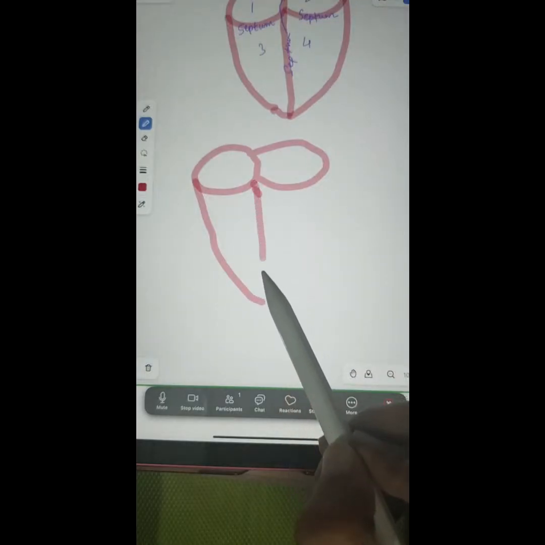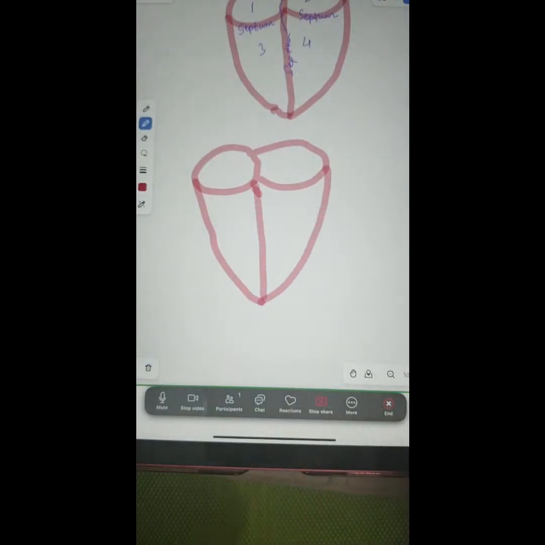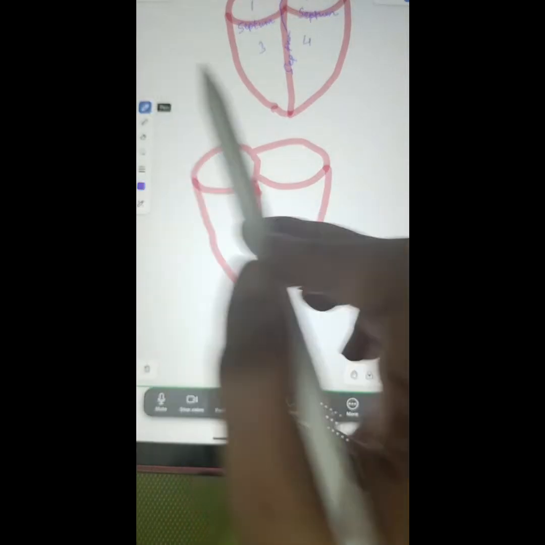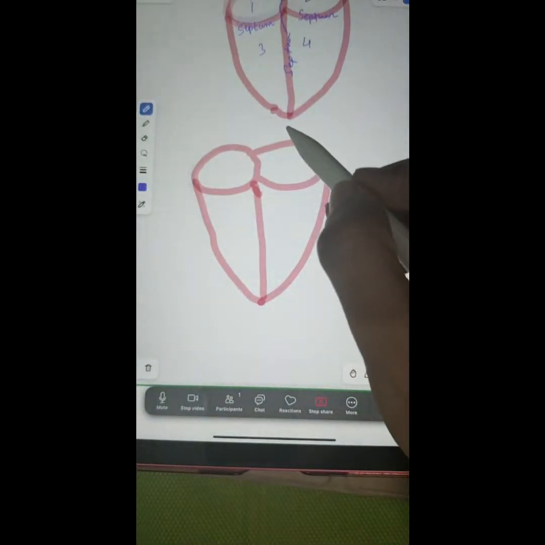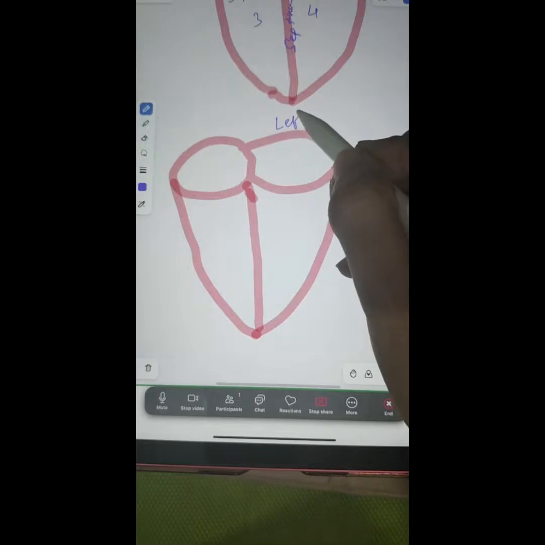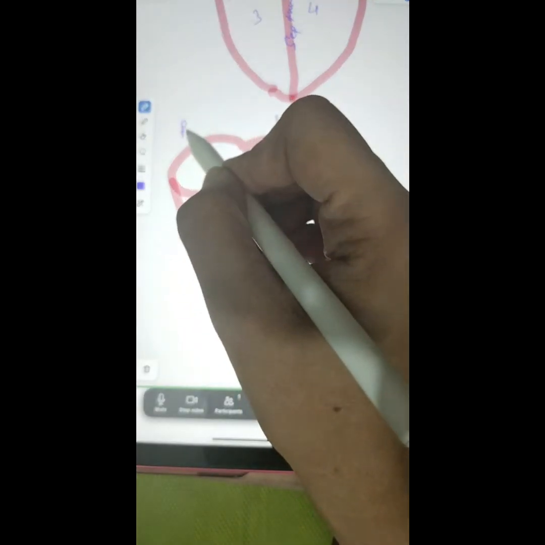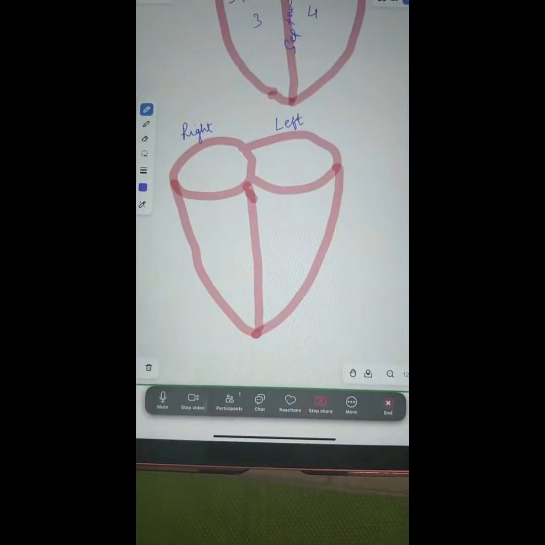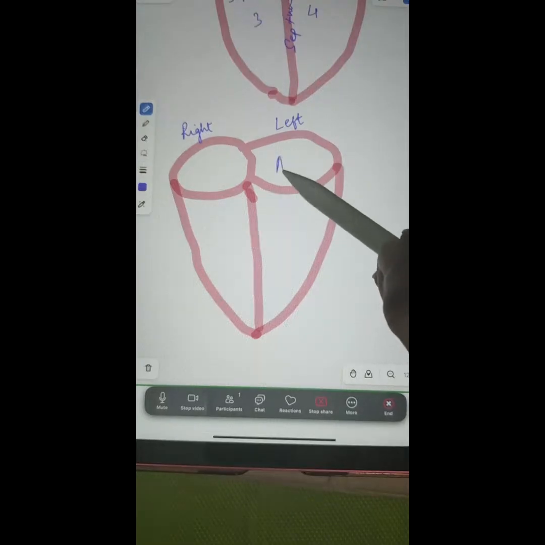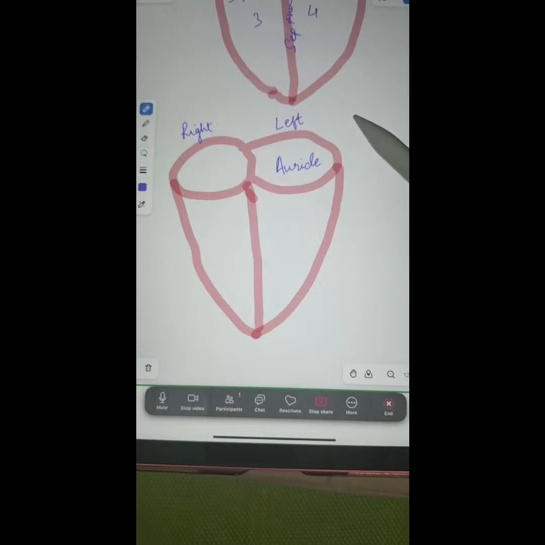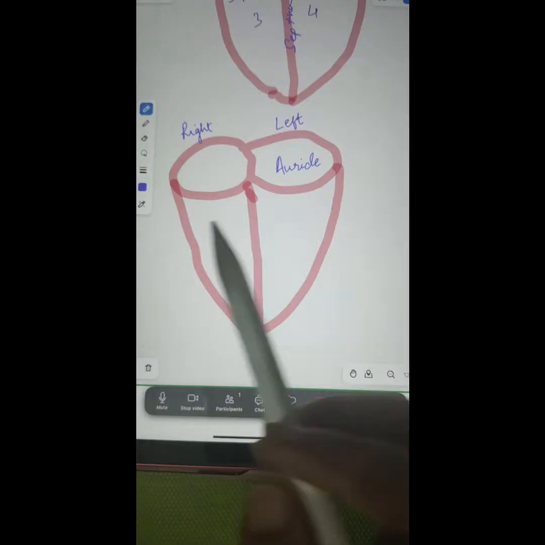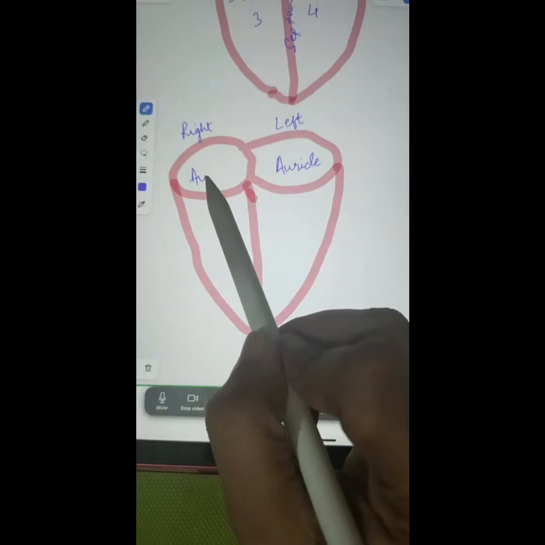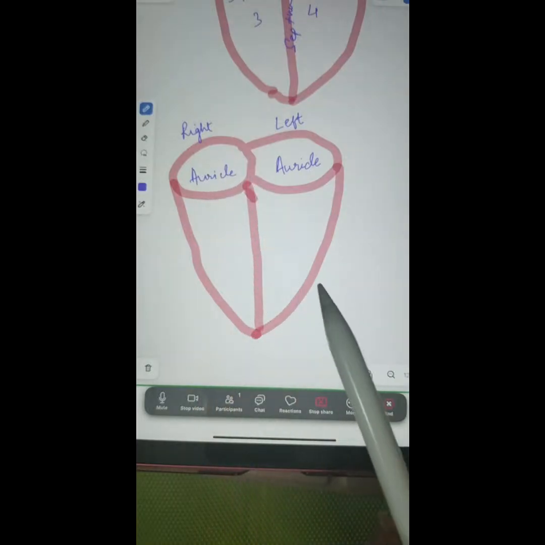Now let's learn the names of the chambers in this diagram. Again, I have made a four-chambered heart. Now in this four-chambered heart, always remember this is the left side, this is the right side, right? One side is the left one and another side is the right one. Always remember that this side is going to be your auricle, which can also be named as atrium. This side is also known as auricle.